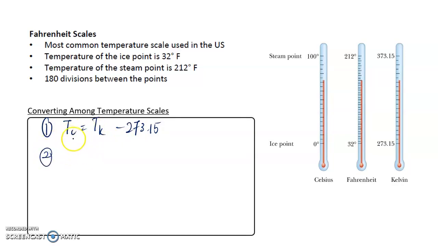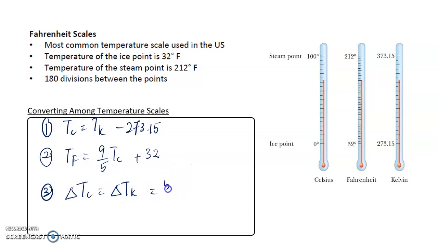Moving on to the second equation, Tf is equal to 9 over 5 Tc plus 32. The second equation is used to convert from Celsius to Fahrenheit. And last but not least, delta Tc is equal to delta Tk, equal to 5 over 9 delta Tf.